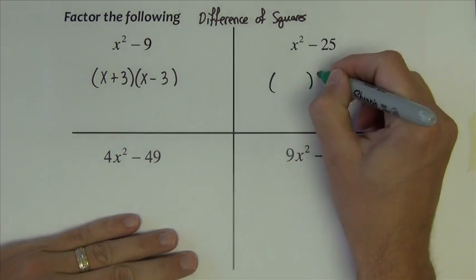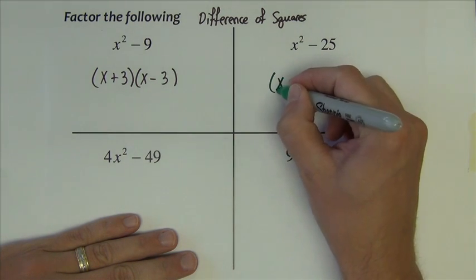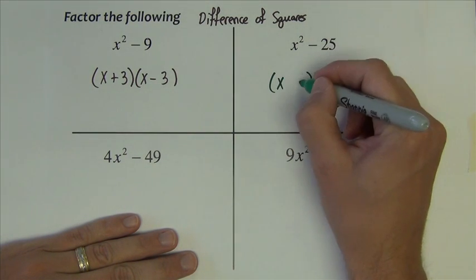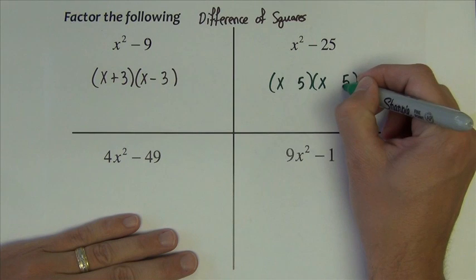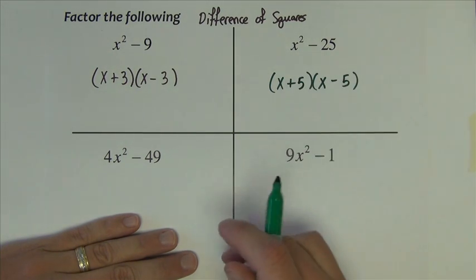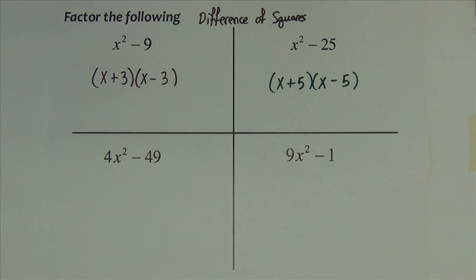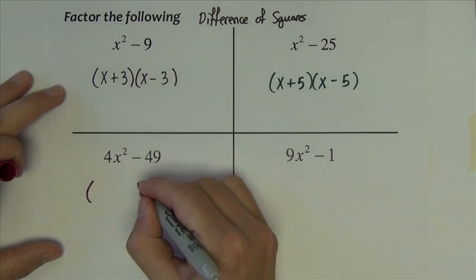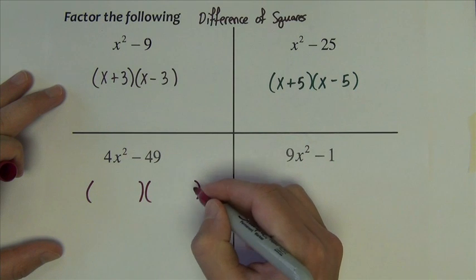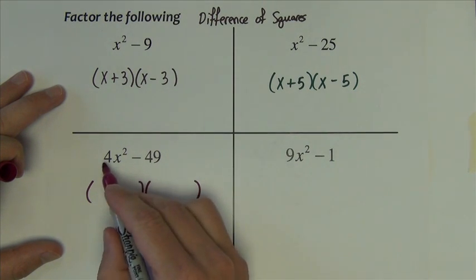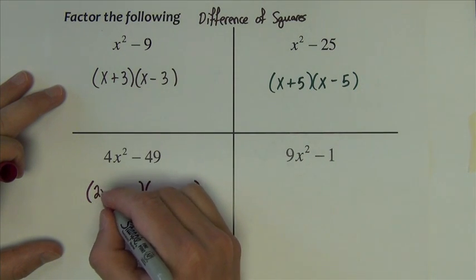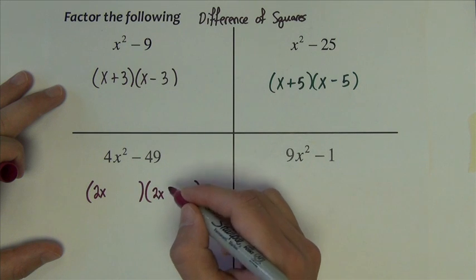Okay, this next one, x squared minus 25, will be x times x. Square root of 25 is 5. One plus, one minus gets the job done. Next one. Here, because of the number in front of the x squared, I'm going to square root it too. So I get 2x, 2x.